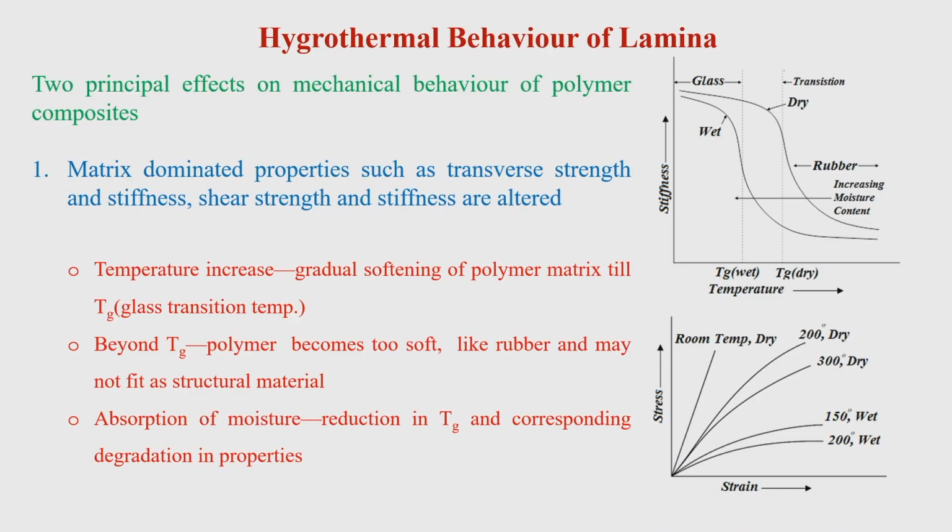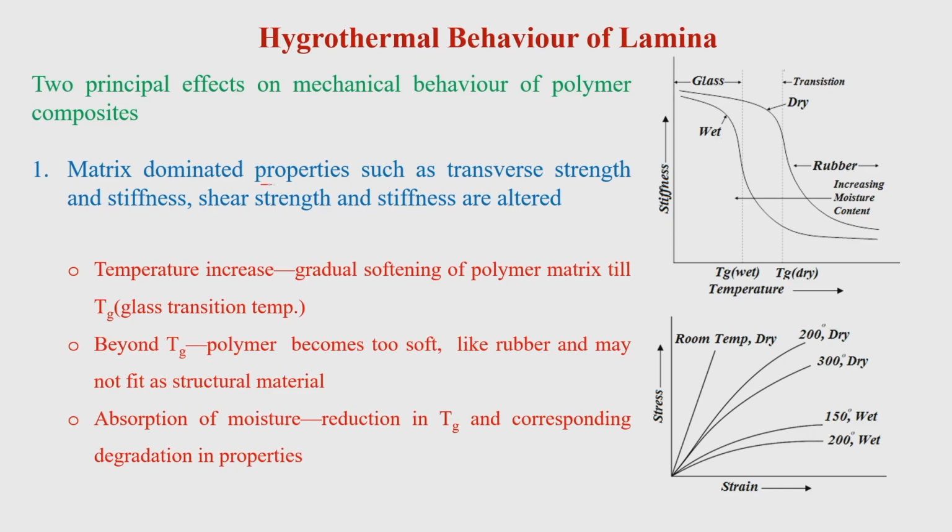So, in all these cases, there are two principal effects of temperature and moisture content on the mechanical behavior of polymer composites. Number one, the matrix dominated properties such as transverse strength and stiffness. What are matrix dominated properties?